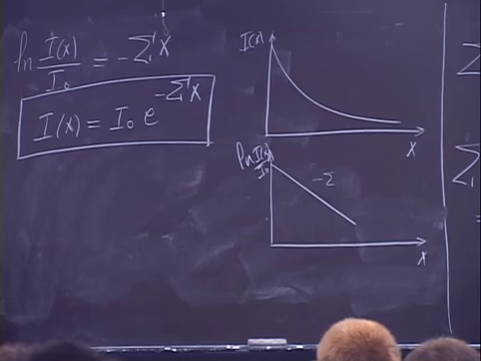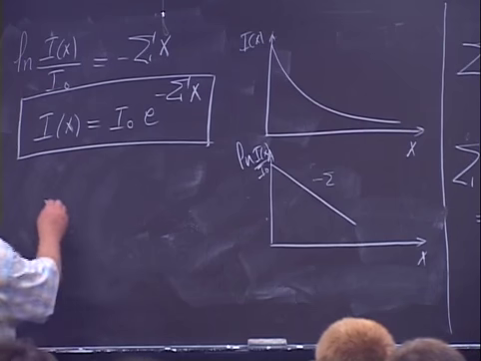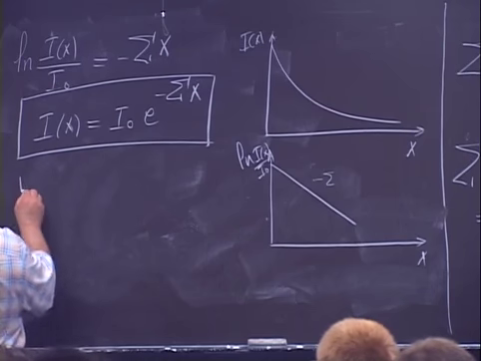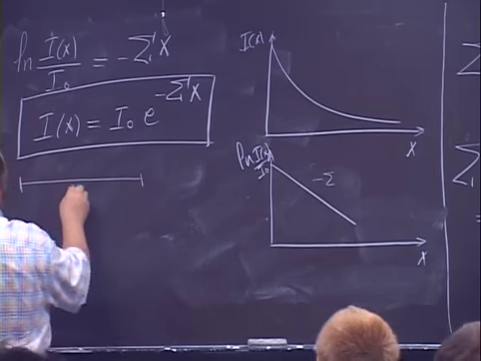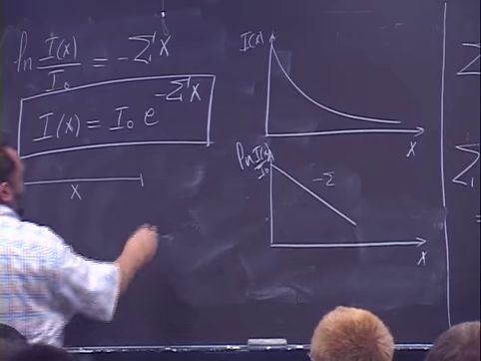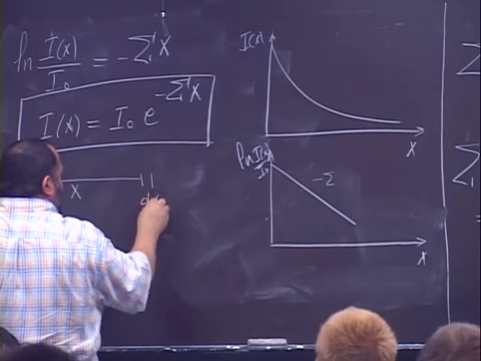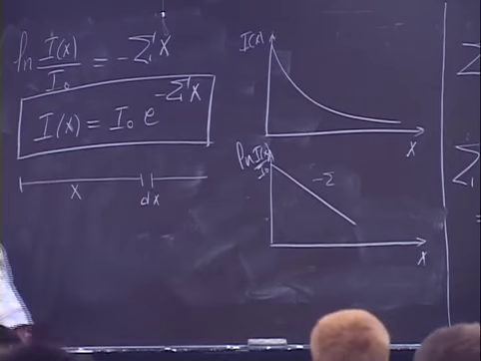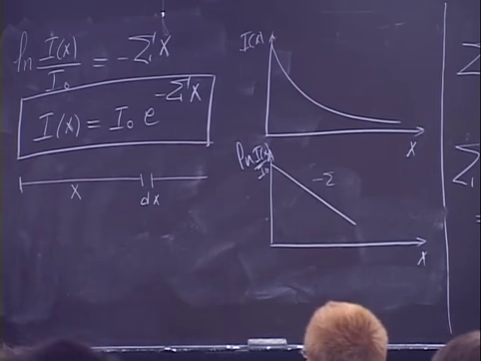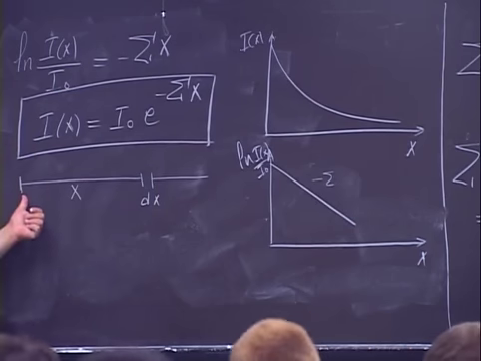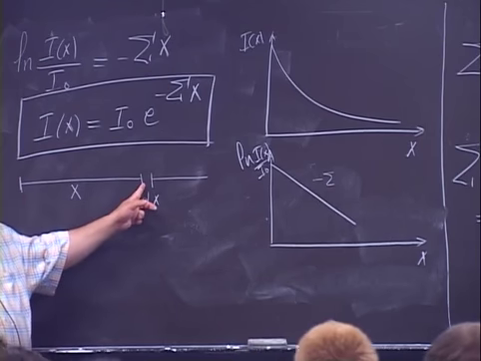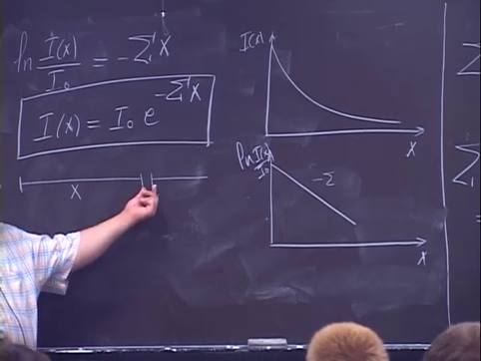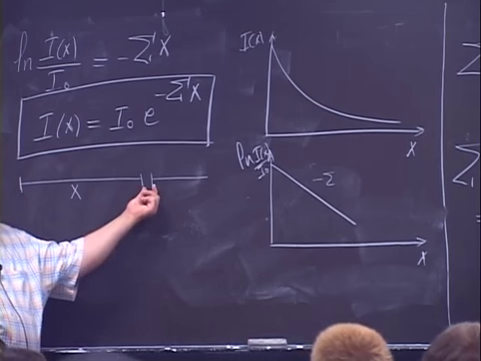So now, what is the probability that if I am here, a neutron will go all the way without any interaction for a distance x, then it will interact within a distance delta x? So it is the probability that the neutron will survive from here up to here, multiplied by the probability that the neutron will interact here.